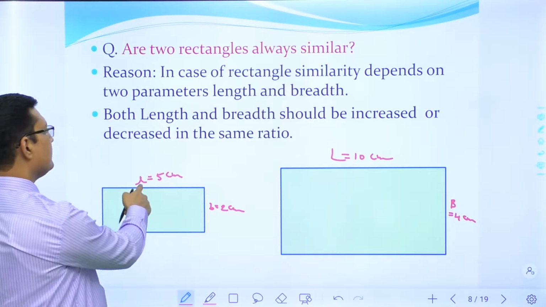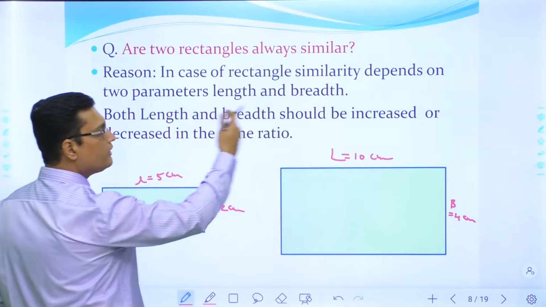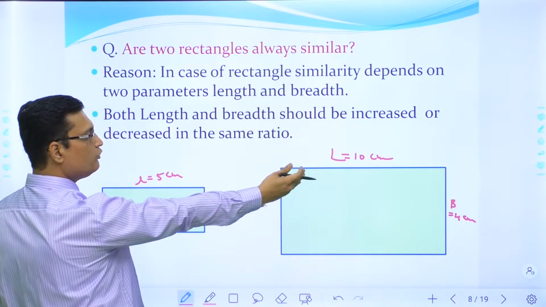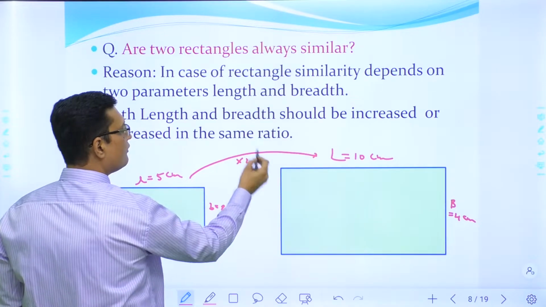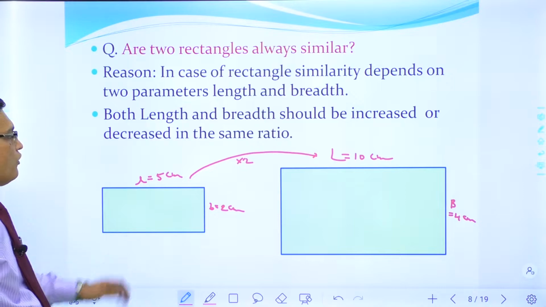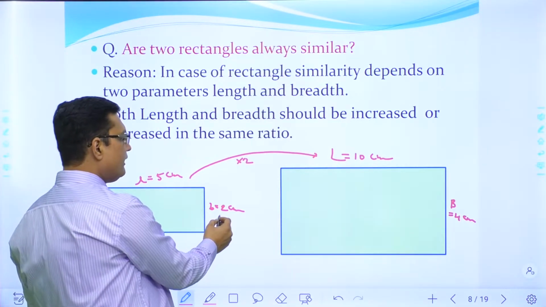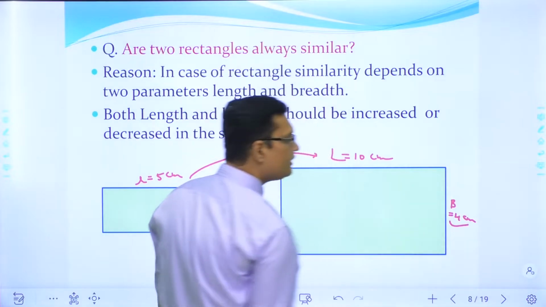Now students, you can see that the length is 5 in the first rectangle. Now it changed to a length equal to 10 centimeter, so we have doubled it, 2 times. Now about the breadth, you can see that b is 2 centimeter here, and here we have made it double.